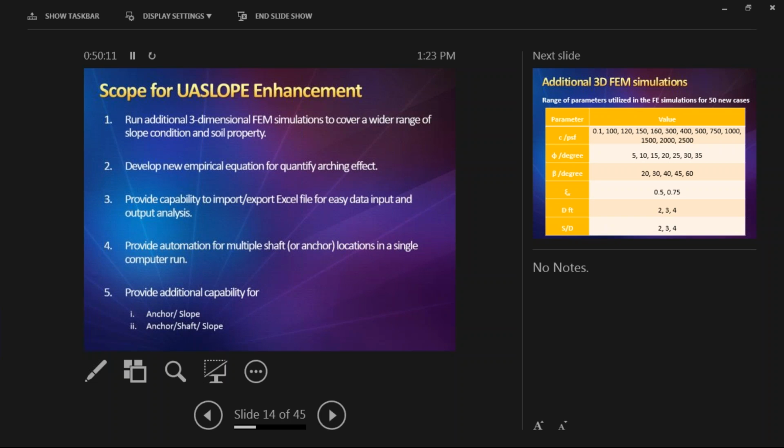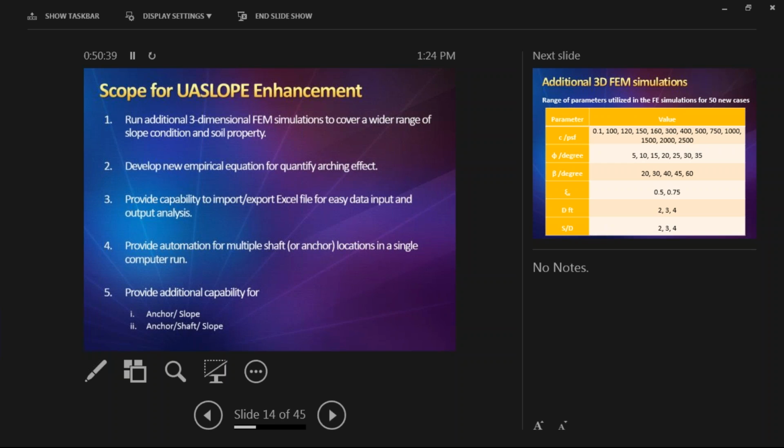So here is a list of scope for the current work. First thing we want to do is to run additional finite element simulations so that we can cover a wider range of slope conditions and slope properties. In particular, we want to look at slopes that are relatively flat, and soil strength that is very low in cohesion.